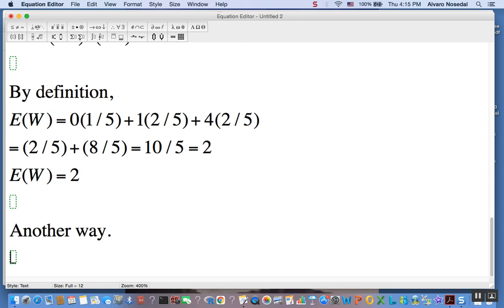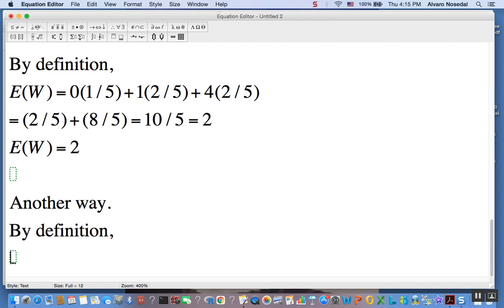To do that, we are going to observe a few things here. By definition, the expected value of W happens to be 0 times the probability that W equals 0. You guys agree?